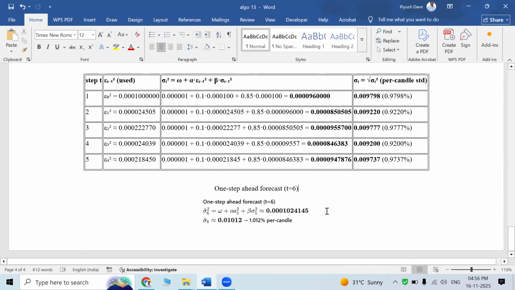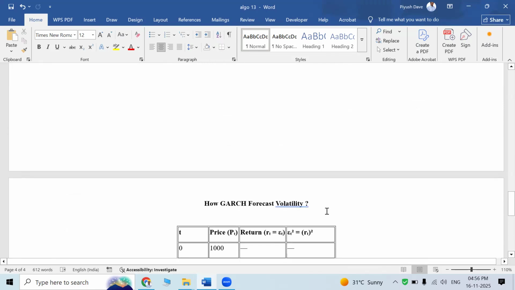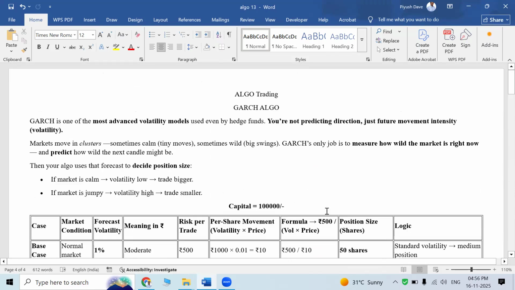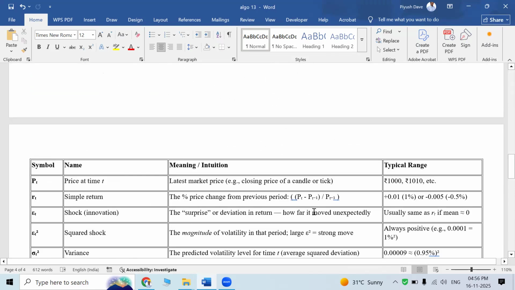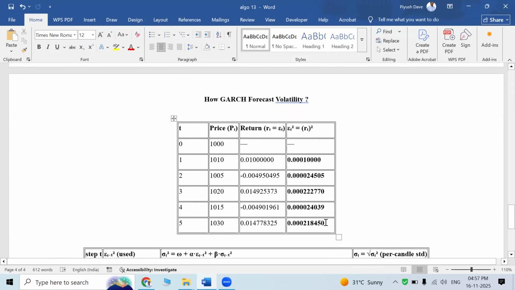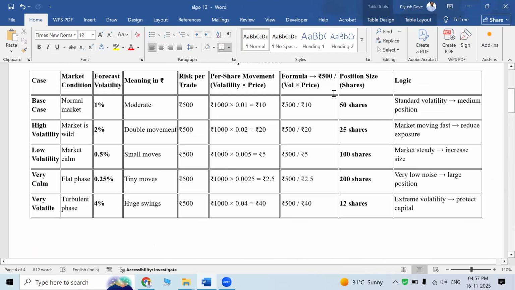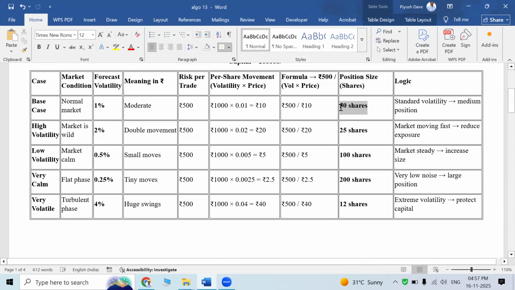So what the GARCH volatility is saying is, based on this calculation, based on this reading which we have taken over here, the change of the reading, is a 1% volatility possible. So if there's a 1% volatility, we are going to trade 50 shares. See, we have the capacity to trade 100 shares, but volatility is 1%. It's a normal market, so we are going to trade only half.